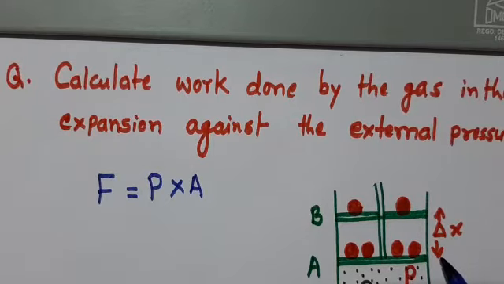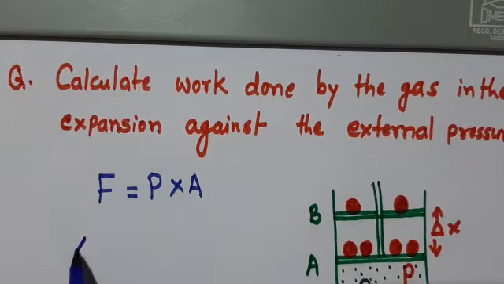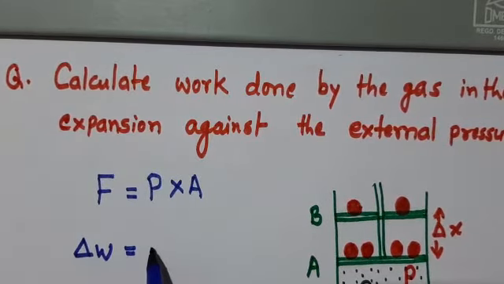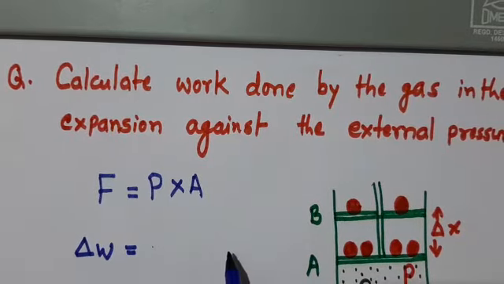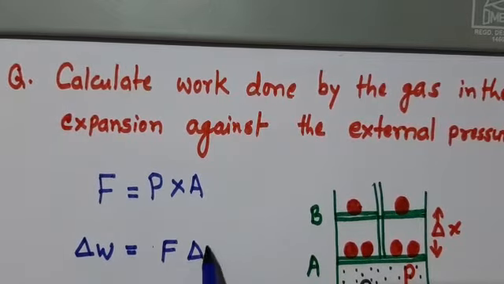Hence the work done by gas on the small displacement delta x, then delta W is equal to force into displacement. Delta W, work done, force into displacement, then F into delta x.